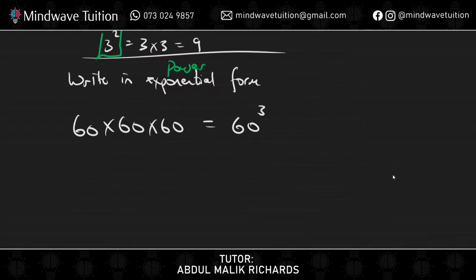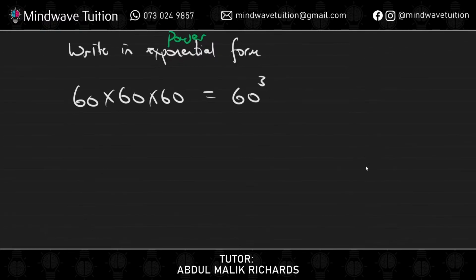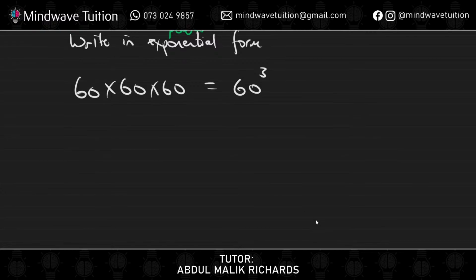Now, exponents can also work in the opposite way. So if we take, for example, 16, and we want to know, what are the two same numbers that when you multiply them together will give you 16? This is where square roots come into play.